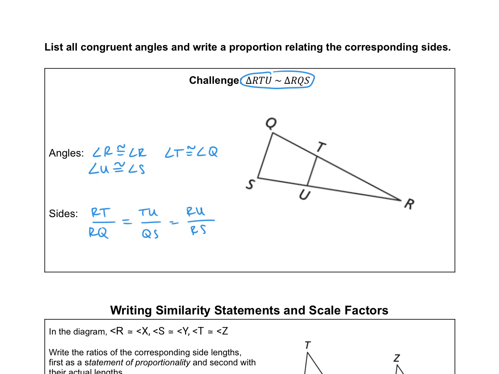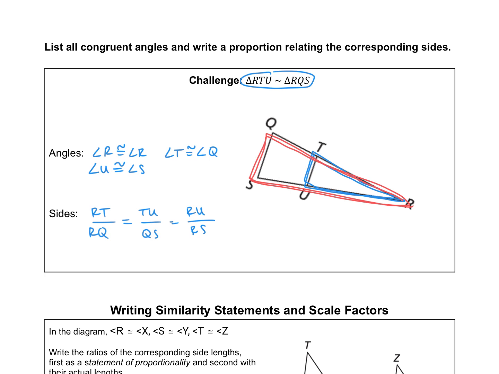One thing I want to point out to you is that when we're looking at these triangles, triangle RTU is this triangle right here, and we are comparing that triangle to the whole thing, RQS. Basically what we did is we took this blue triangle and we blew it up into the red triangle.